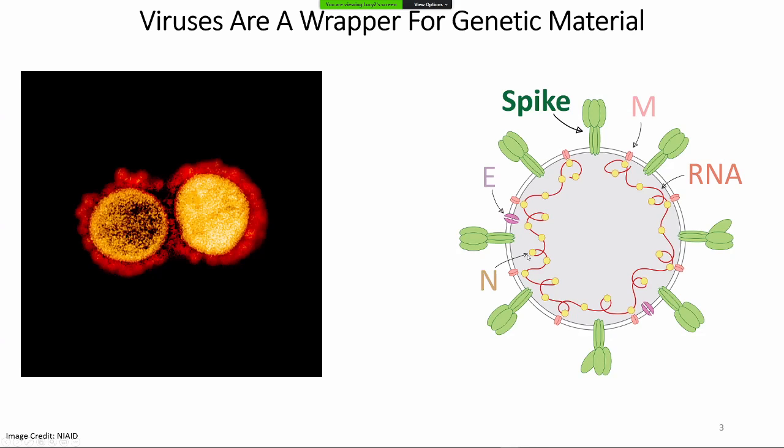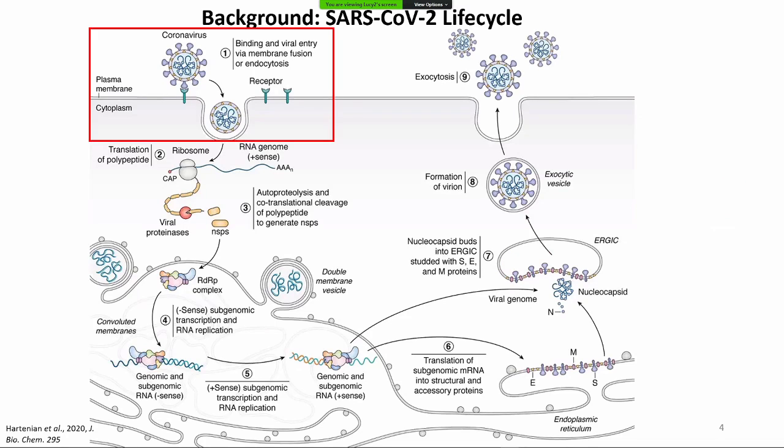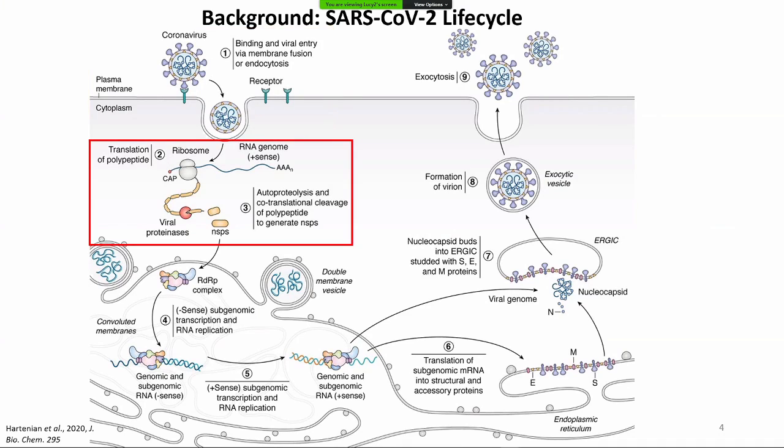So the goal of this virus is to get this red spaghetti inside of a cell so that it can make more viruses, right? And the first thing it has to do is physically get inside your cell. It has RNA encased in some kind of lipid shell. It has to break that shell inside of the human cell so that the RNA can seep out. And once the RNA does seep out, it goes to the ribosome where it gets translated, like it normally would in regular cellular processes. And that viral RNA gets turned into new viral replication proteins.